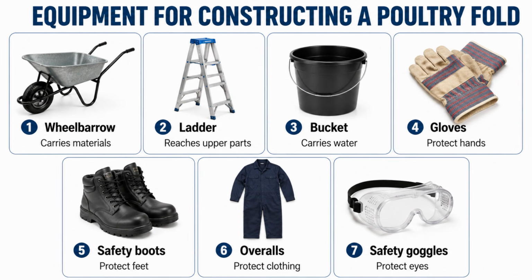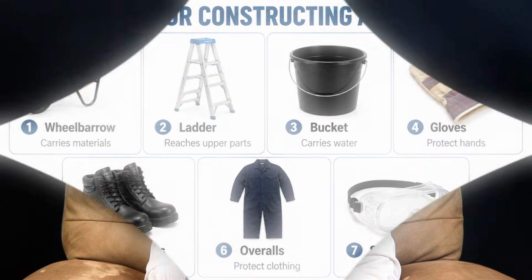A wheelbarrow is used to carry soil, timber, stones, or other materials. A ladder helps you to reach the upper part of the structure. A bucket may be used to carry water or mix small amounts of mortar. Protective clothing like the gloves and the overalls will help to prevent any kind of injuries as you work on the poultry fold.